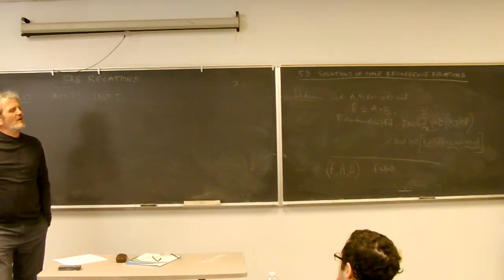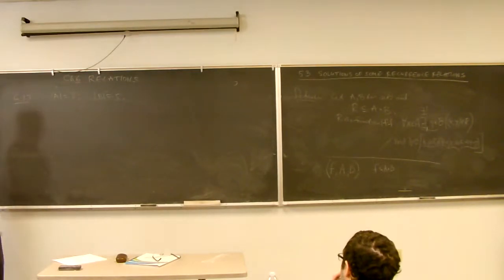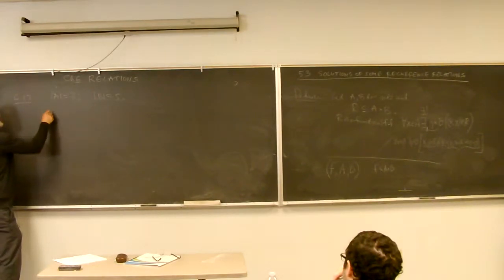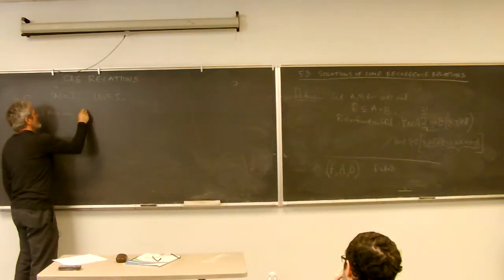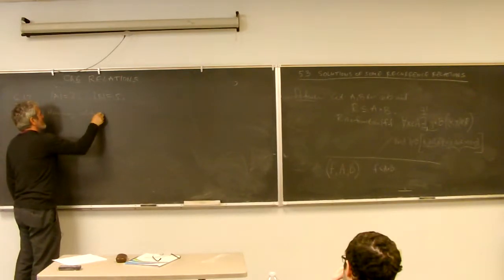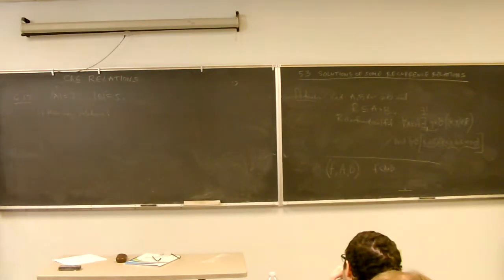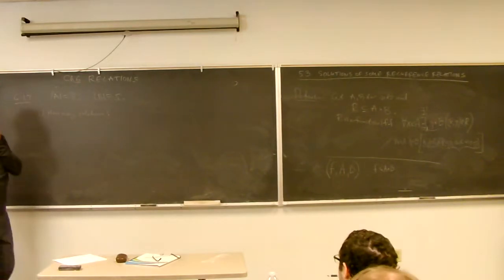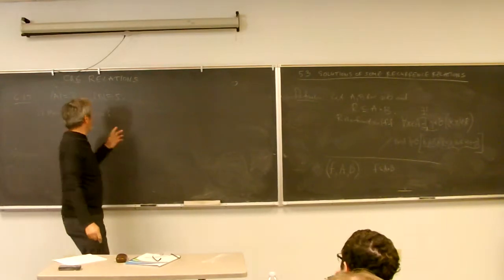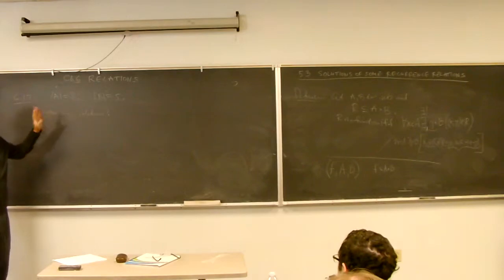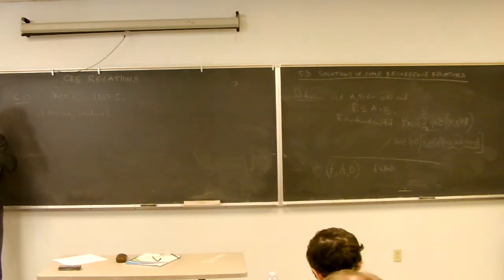Why 5 to the power 3? So question 1, how many relations? When you say 5 to the power of 3, what you counted is functions. No, functions are relations. This is much more. That's why this number is much bigger.